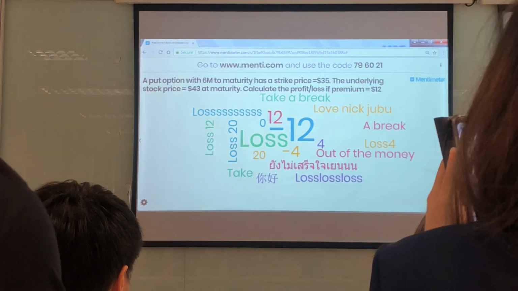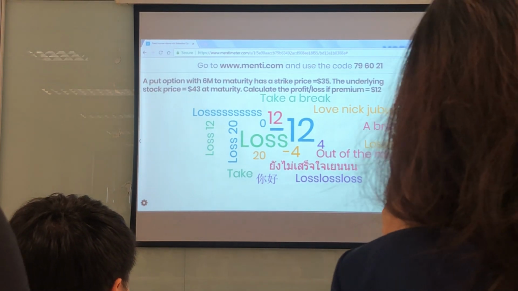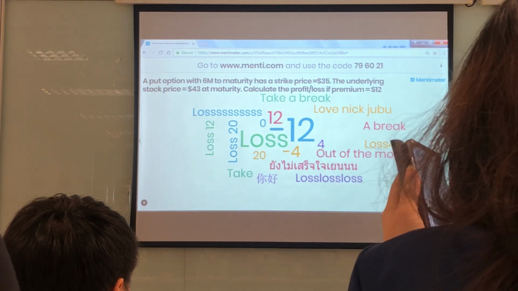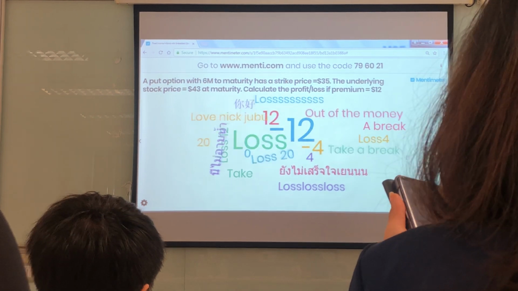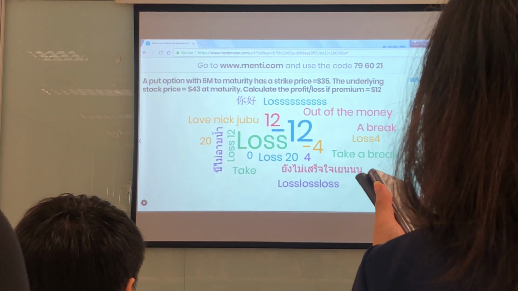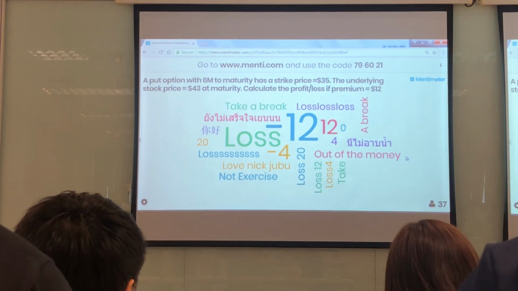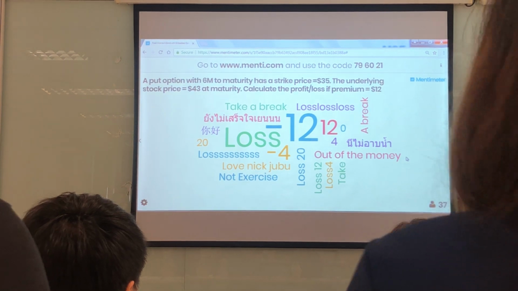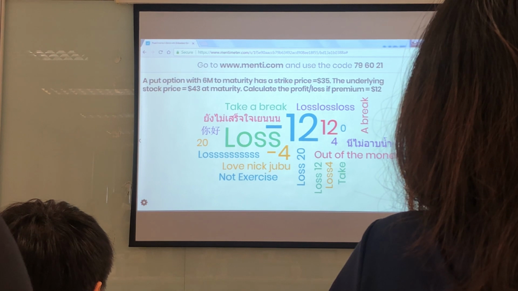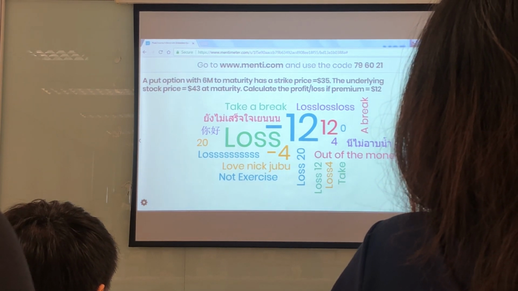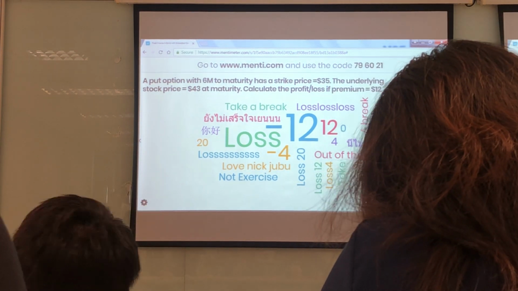Actually, you can first determine whether you should exercise this option or not. And you can look at the formula that I provide. If you cannot follow, just go back to the formula. You can see that this option becomes worthless, because if you exercise, you can sell at only $35, but in the market right now you can sell the underlying asset at 43.